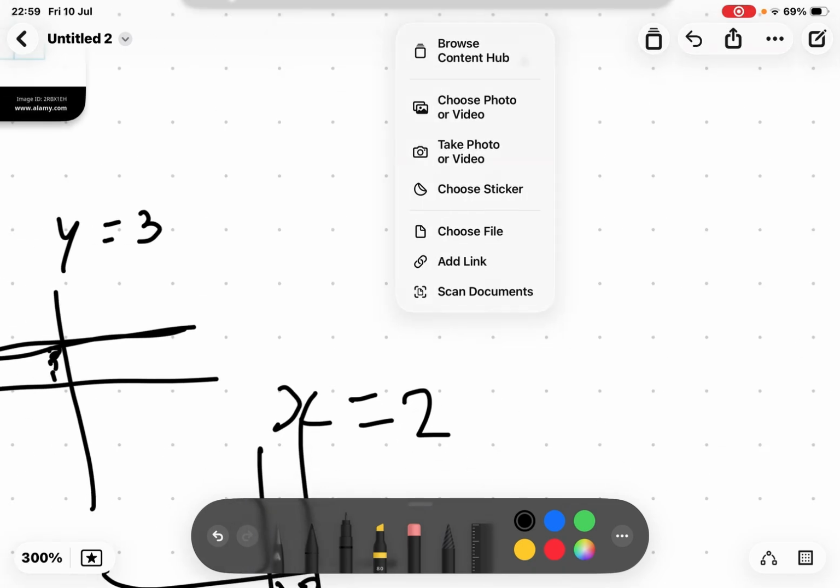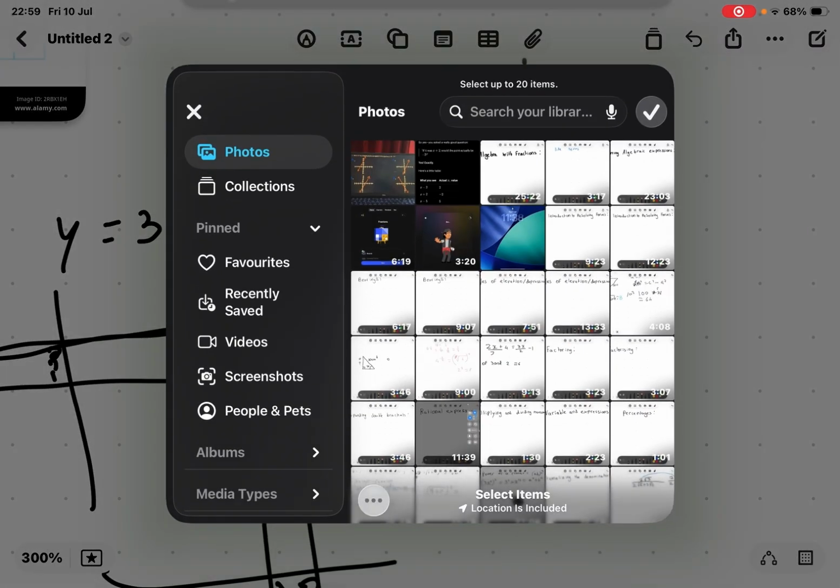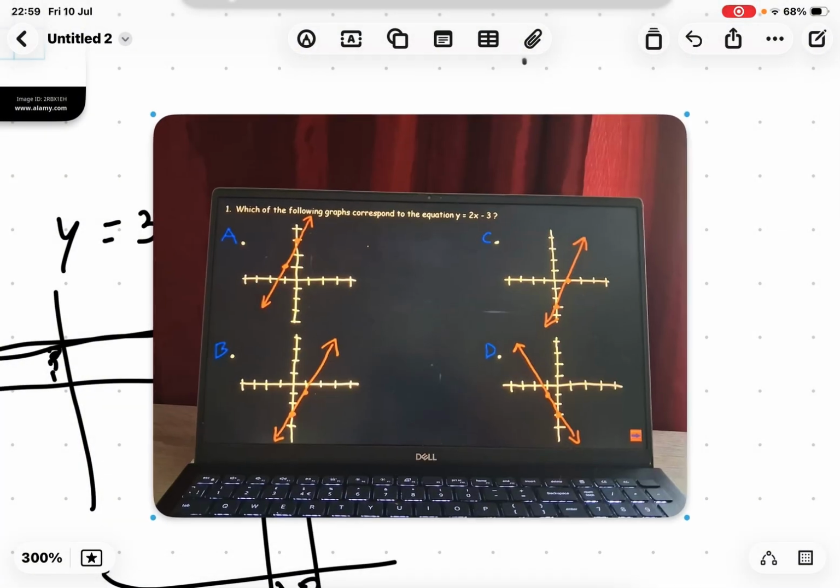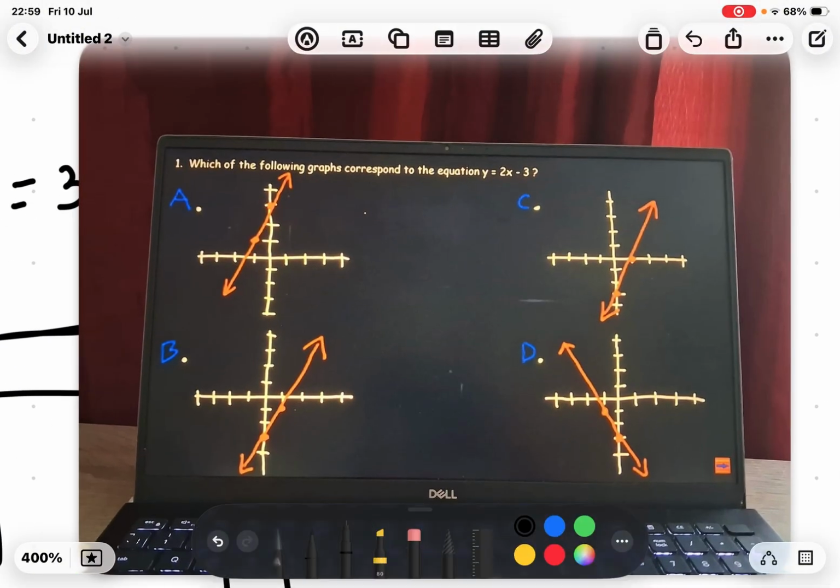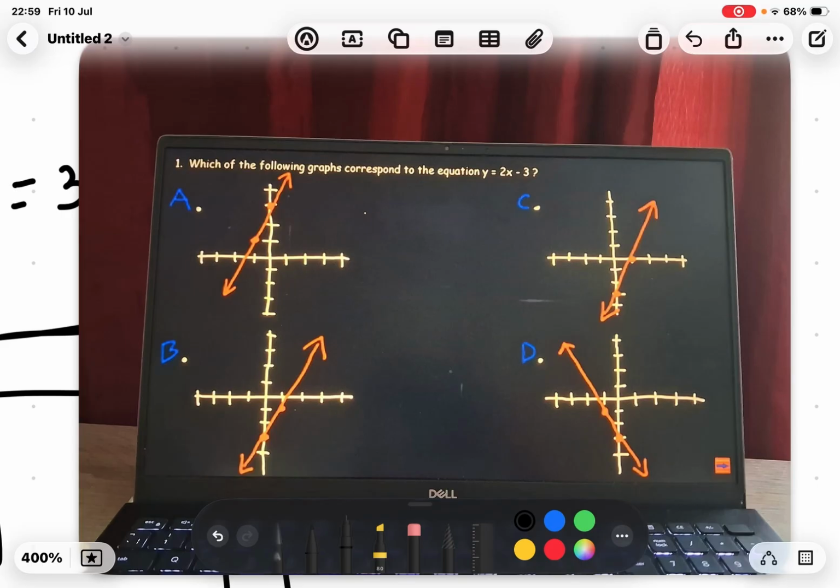And lastly, here, this guy, he left us a question to do. So which of the following graphs corresponds to the equation this? So let's see. First of all, we have to know how steep the line is, right?